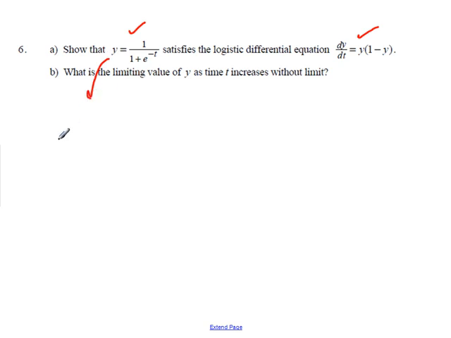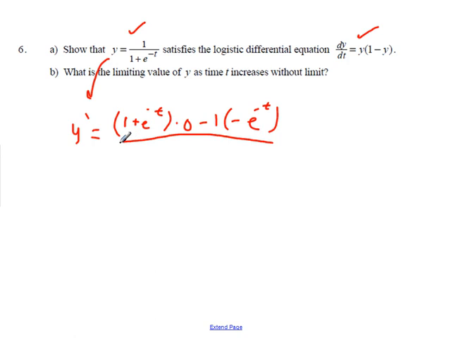So we get y prime equals low d high minus high d low all over low squared.